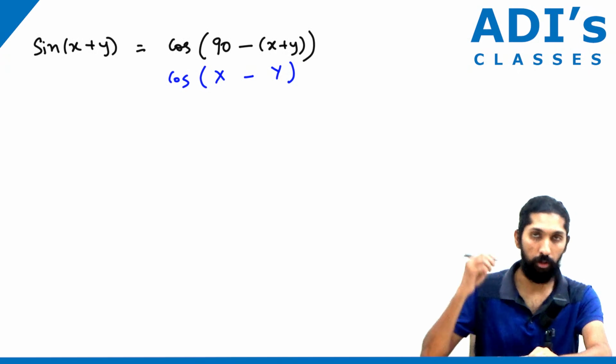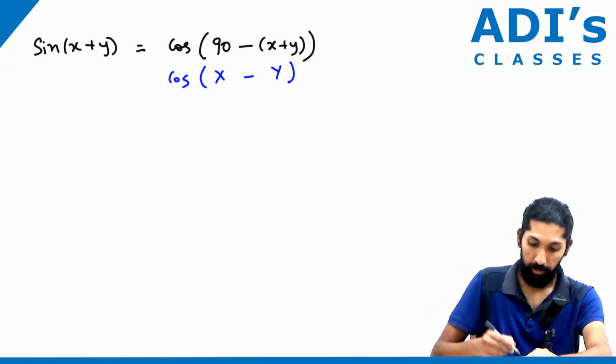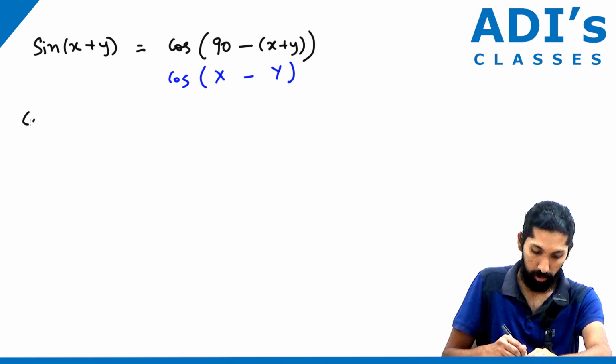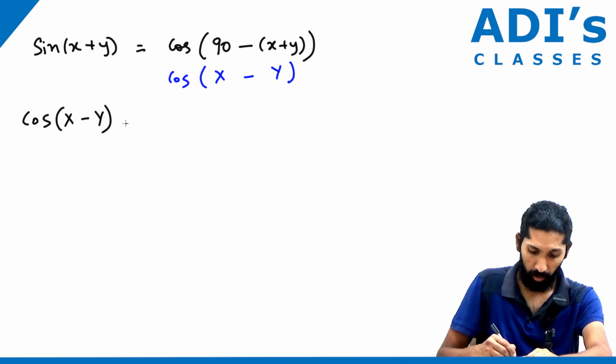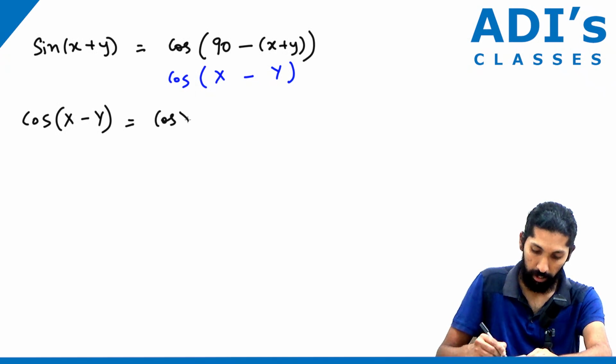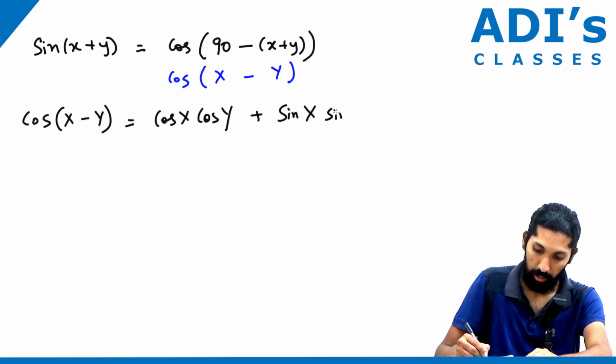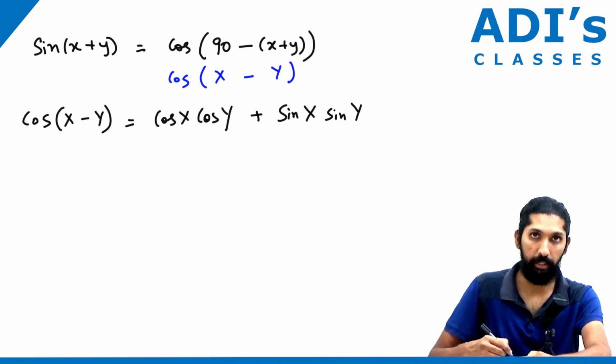We just derived cos of x minus y. That means cos of capital X minus capital Y is equal to cos X cos Y plus sin X sin Y, correct?